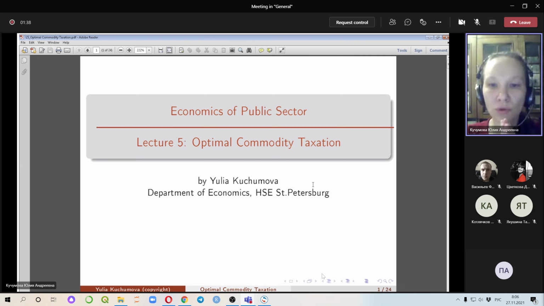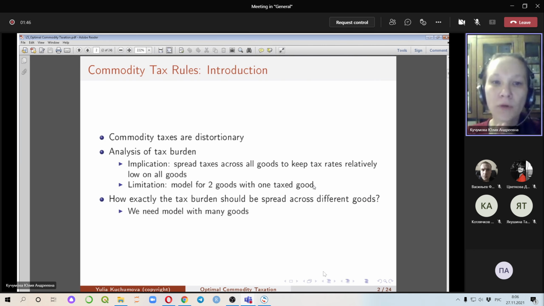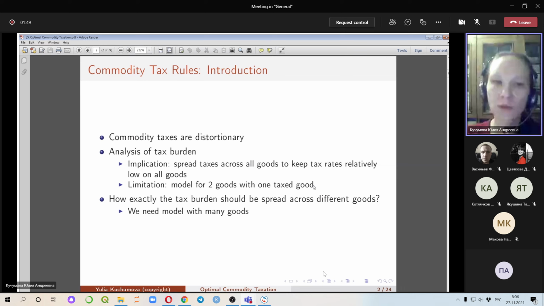So today we are going to talk again about commodity taxation, and the topic is optimal commodity taxation. We already know that all taxes, including commodity taxes, are distortionary. During the last lecture we learned the analysis of tax burden. One implication from that analysis was that it's desirable to spread taxes across all goods to keep tax rates relatively low on all goods.